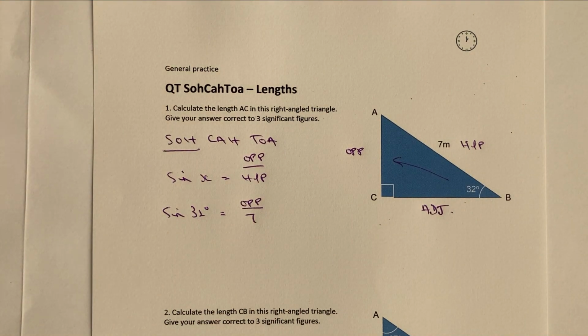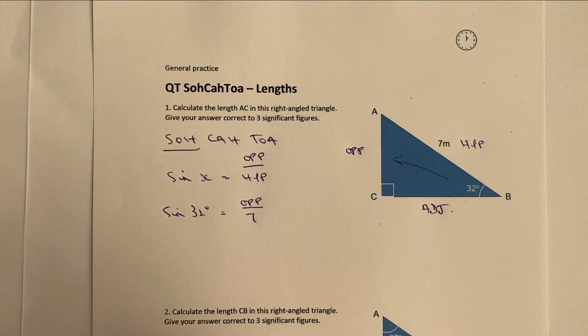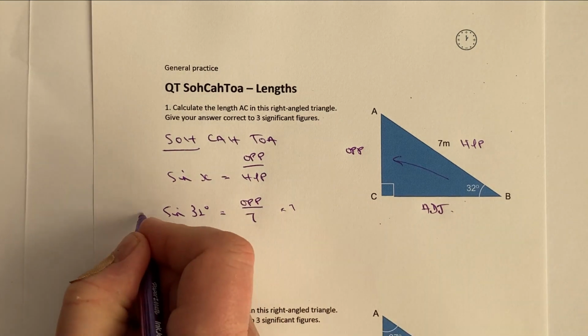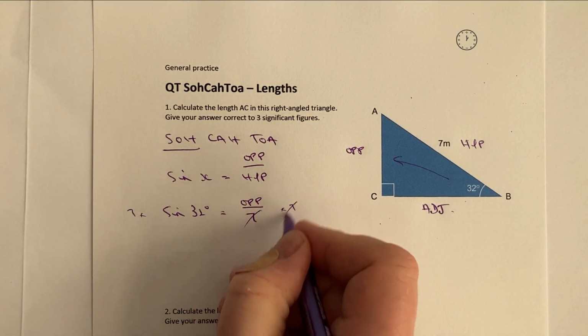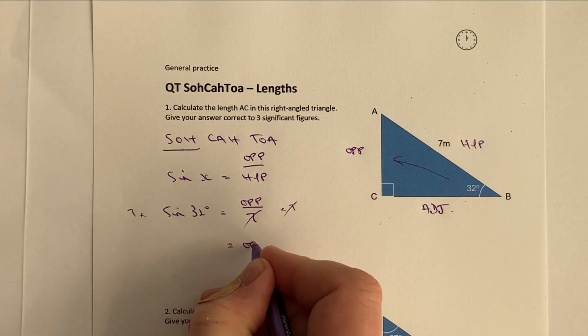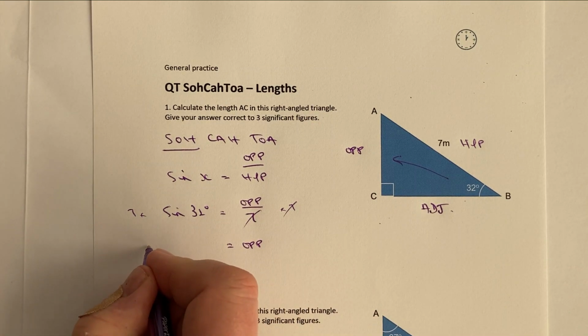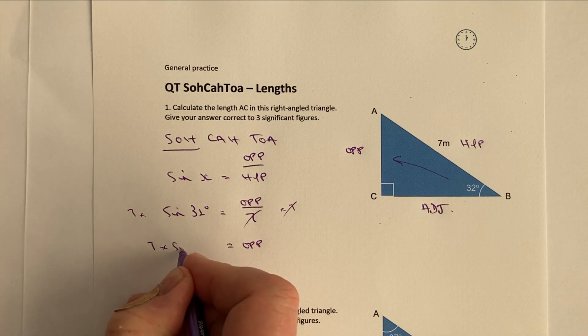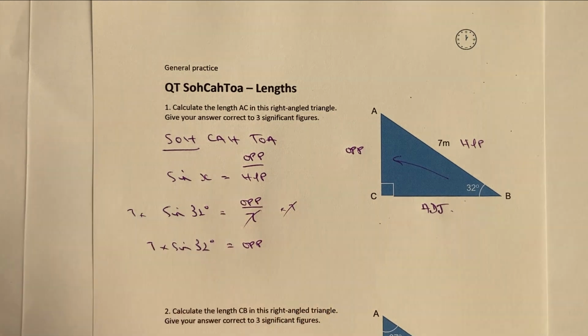So what I need to do then is multiply both sides by 7 in order to figure out the value of the opposite. So if I times that by 7, times that by 7, those two will disappear and I get opposite. And then on the left hand side here, I can write 7 times sine 32 degrees.